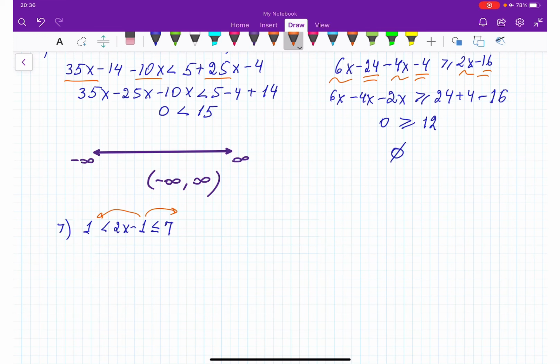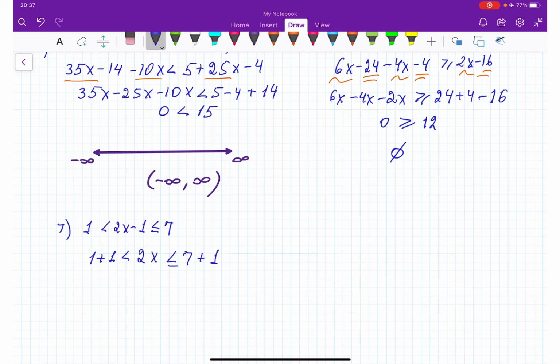So this negative 1, I'm moving here, and I'm moving here also. All right? So we are getting 1 plus 1, because 2x minus 1, when you move over, it becomes positive. And here is going to be 7 plus 1 also.